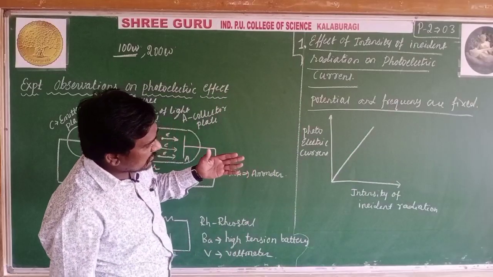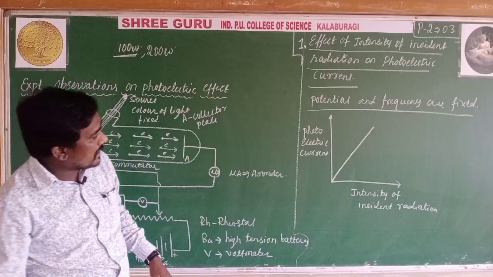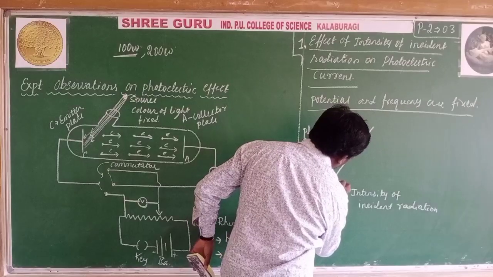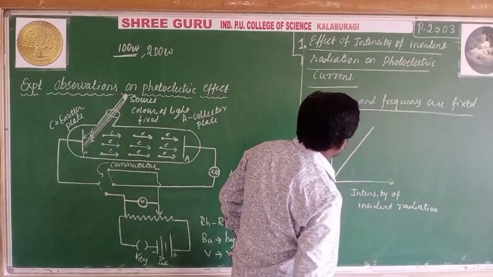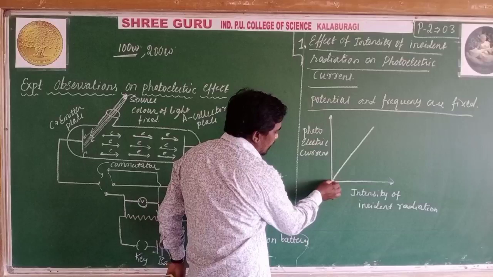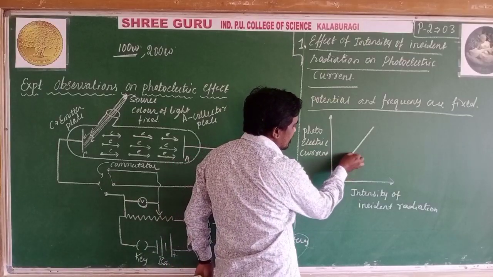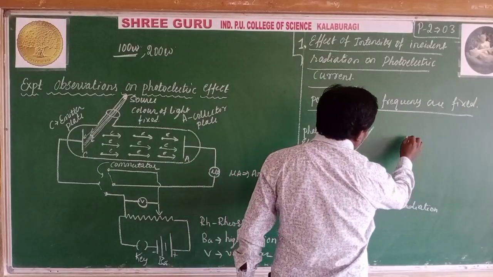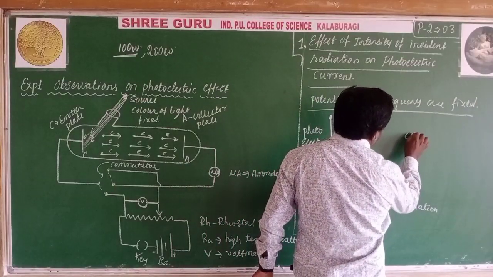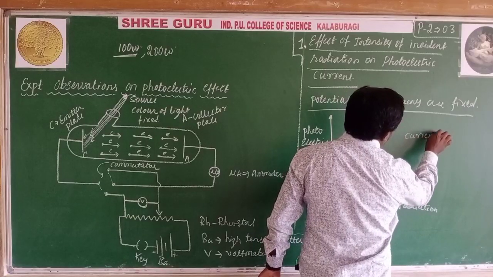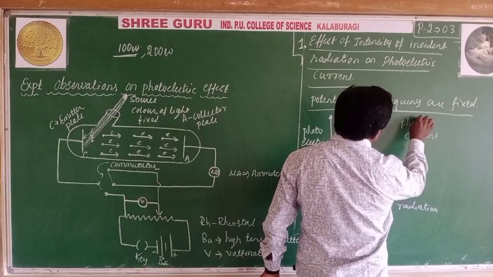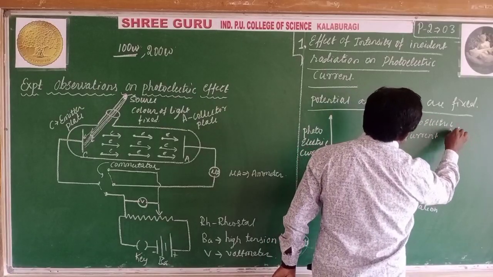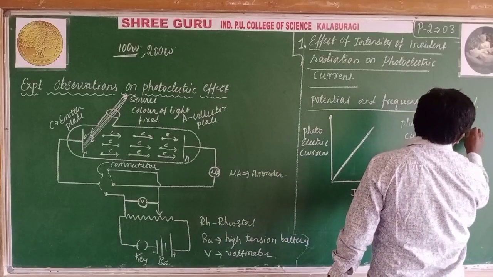If the intensity of light increases, the photoelectric current also increases. That's why the photoelectric current is directly proportional to intensity.